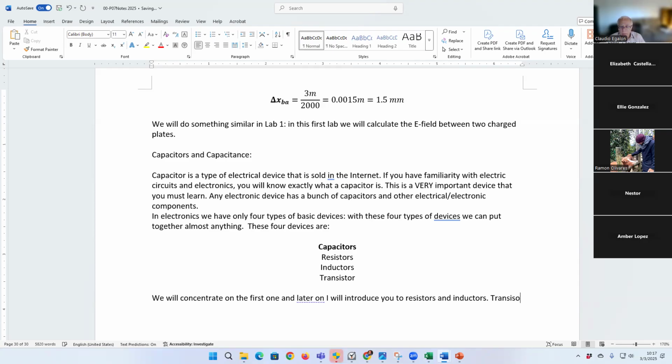Transistors are reserved for a more advanced course in electrical circuits.